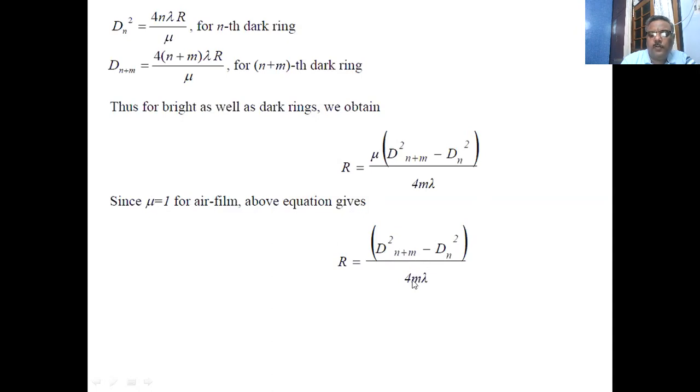We can then find the wavelength of light. So in the experiment that we do in the lab, we find the diameters of various rings, and using those diameters and the known value of the radius of curvature of the lens, we calculate the wavelength of light from this formula.